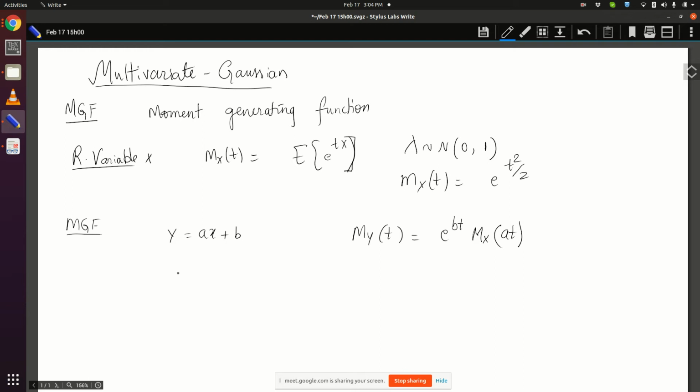If I take x to be normal with mean 0, variance 1, then we know from probability theory that y is normal with mean b and variance a^2. Using that identity, we can get the MGF for a general normal distribution: e^(bt) times e^(a^2 t^2/2).